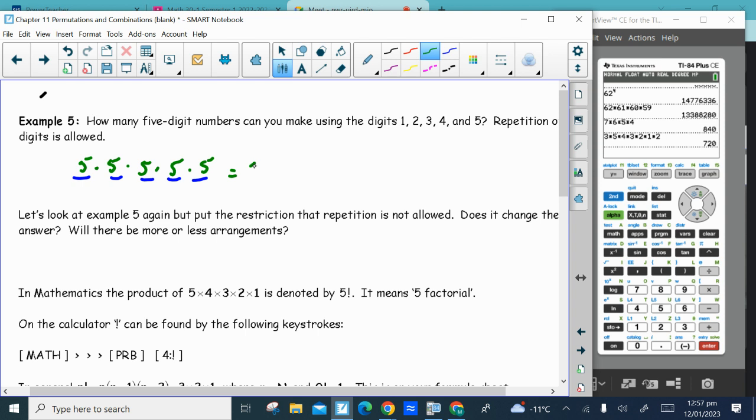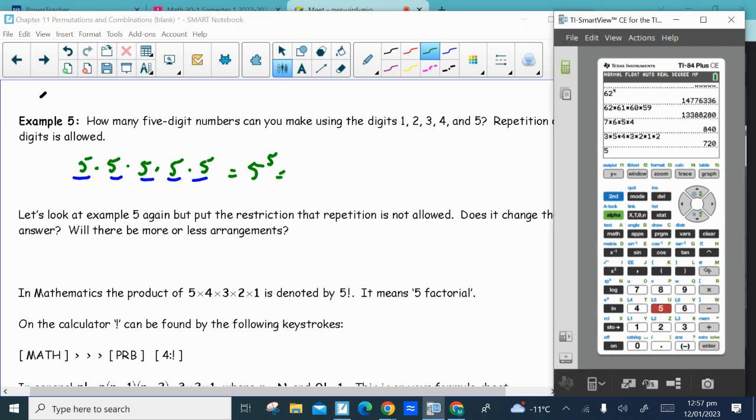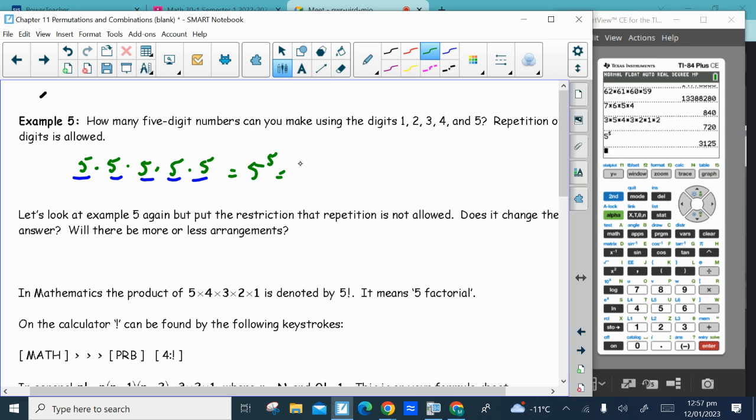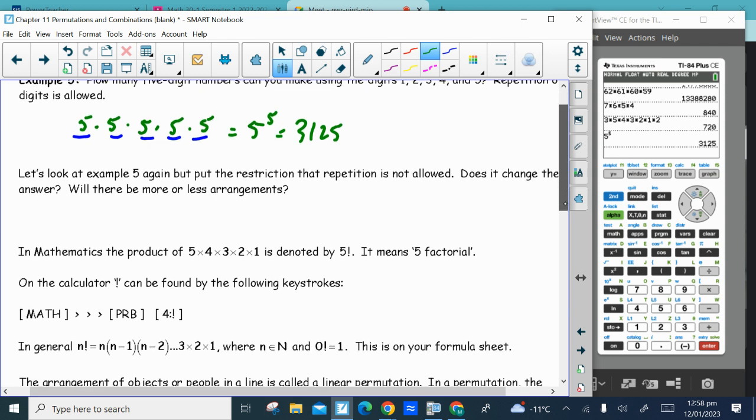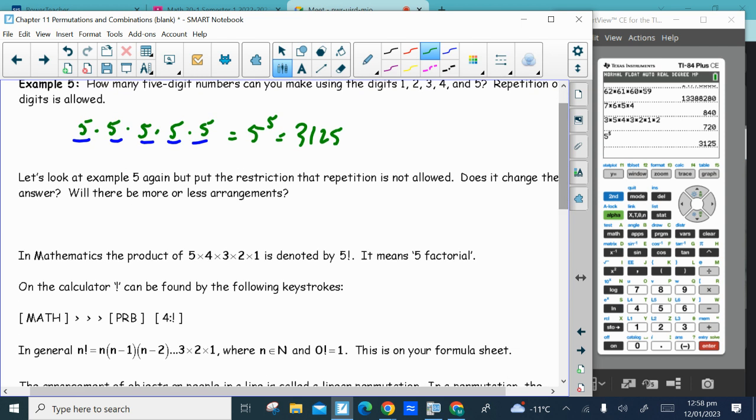So that is the same thing as 5 to the power 5, which is 3125. So obviously, as you're doing these, you need to look and see if there's any restrictions. Is repetition allowed or not?